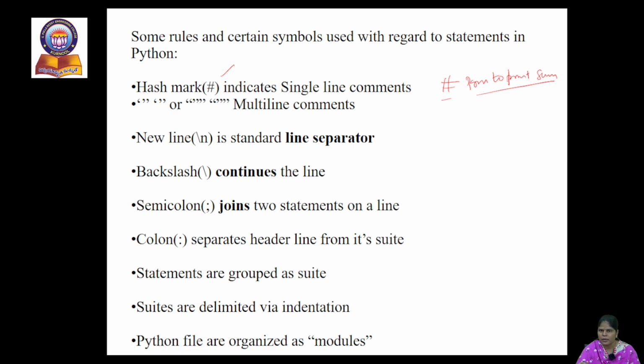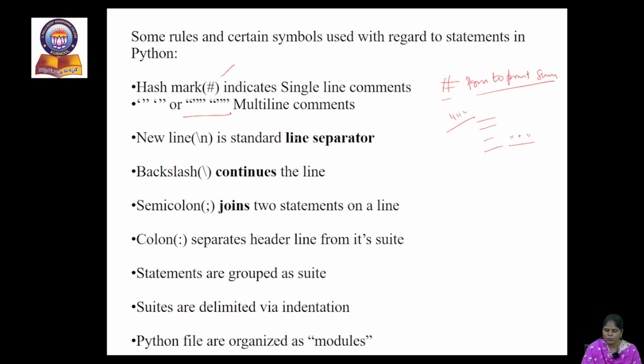They are just meant for understanding and readability. So this is a single line comment, and for a multi-line comment you can use triple quotations. That means three double quotations opening and three double quotations closing. If you open three double quotations, you have to close three double quotations.